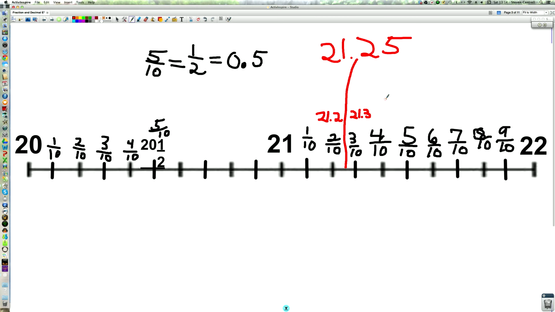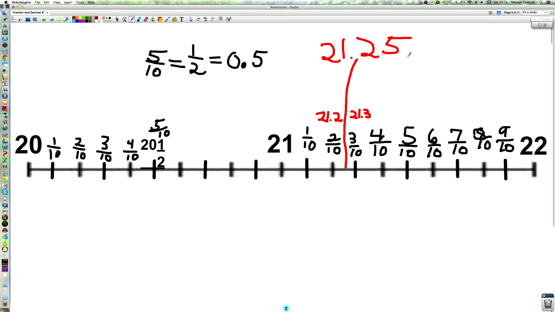You'd be doing the same thing if I asked you to mark 21 and a quarter, 21 and 2/4. Well, we already marked 21 and a quarter, right? That's this. This is a quarter right here. 21 and 2/4, 21 and 3/4, all of those.